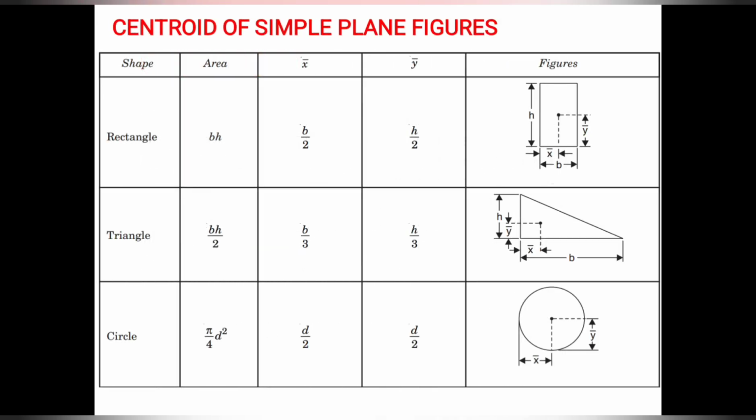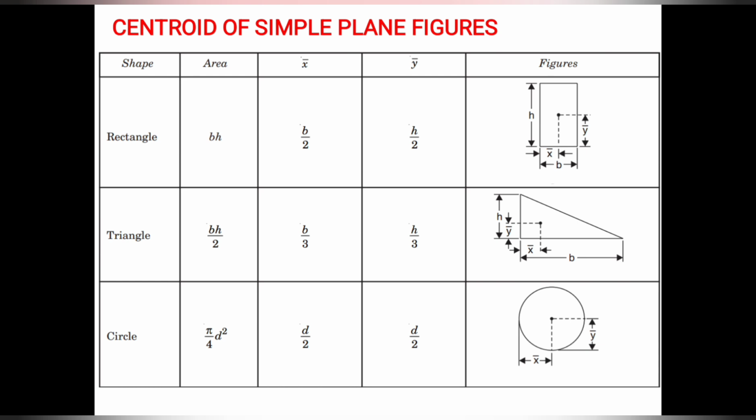So in this table, let us discuss some of the centroids of 2D plane figures. If you take a rectangle, graphically the centroid can be found by connecting the diagonals.